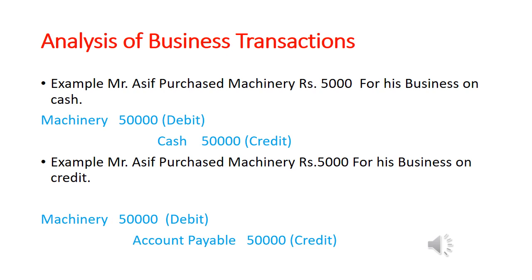So both the changes have taken place in assets. Similarly, if he buys this machinery on credit from Mr. A, again it will bring two changes. Machinery increases by 50,000 as an asset, and a liability increases by rupees 50,000, the amount payable to Mr. A.